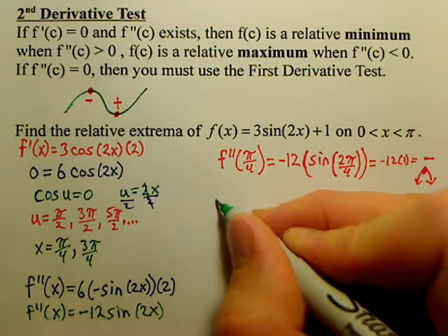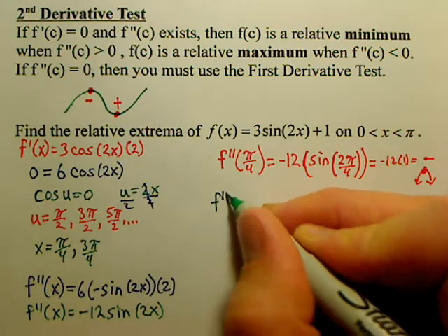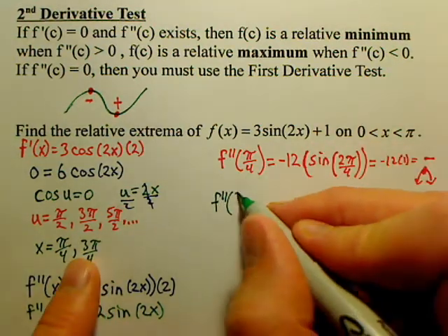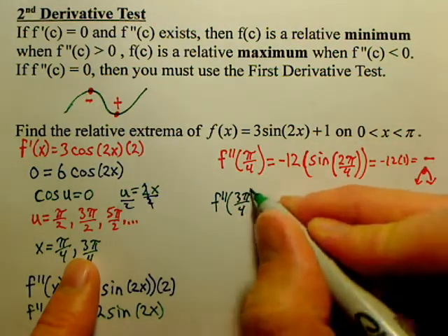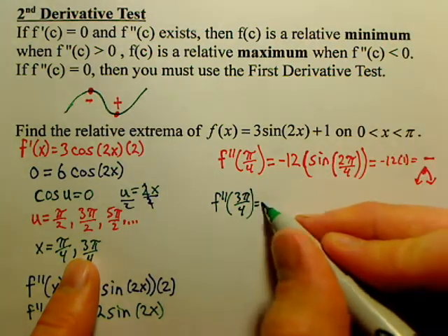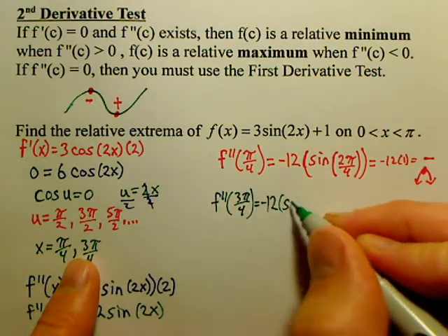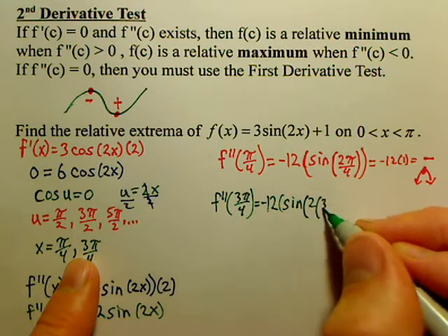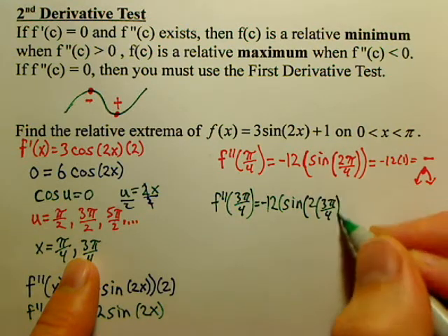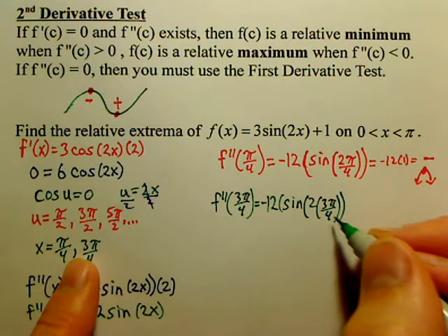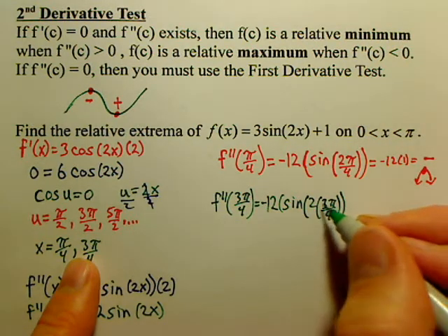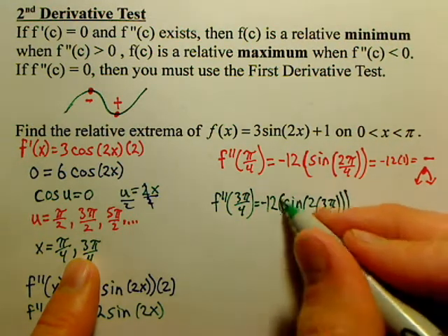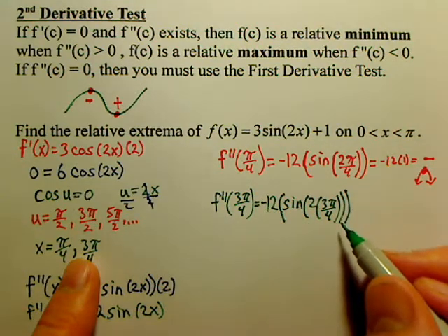Let's now do the other value. Okay, the second derivative of 3 pi over 4 equals negative 12 times sine 2 times 3 pi over 4. All these parentheses. Whoa, how many parentheses do I need? Okay, one more. Get that guy. All right.